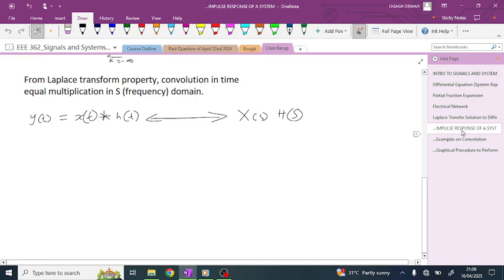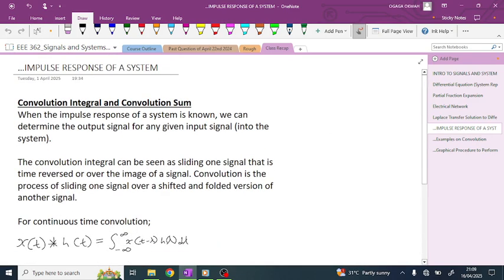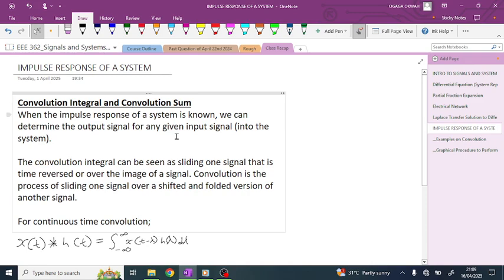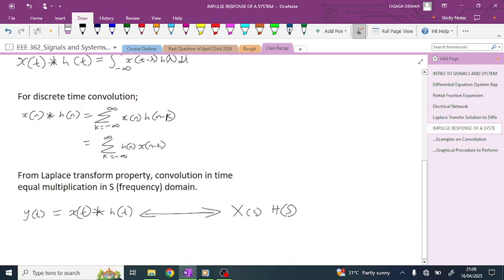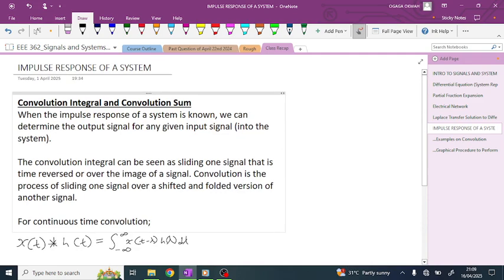In this video, we are going to work on the impulse response of a system. Before we talk about convolution integrals or sums, the idea of impulse response is this: once a system receives an input, what is the response?